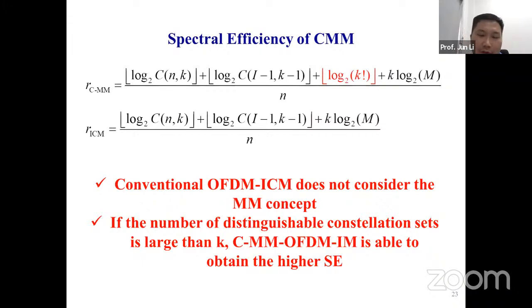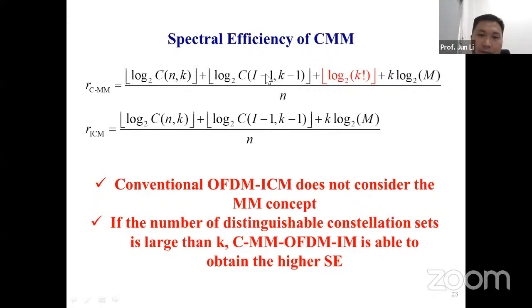The spectral efficiency of the composite multiple mode index modulation is given here, right? I have just said this is used for P1 bits. If we have the total number of subcarriers N and the partial active subcarriers K, then the P1 bits is equal to the combination of K subcarriers among all N subcarriers.